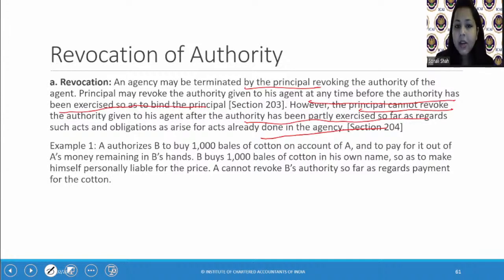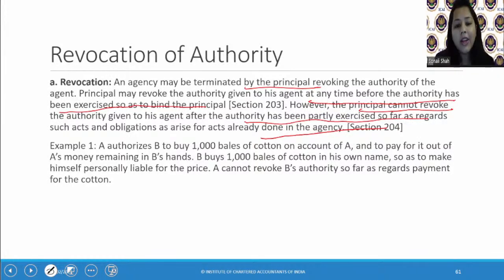So the authority has been partly exercised. Immediately after this, the principal revokes the authority, but obviously 100 grams of gold has already been bought. So for the quantum for which the authority has been exercised, the principal would be liable. For any future transactions, he will not be liable because the authority has been revoked.